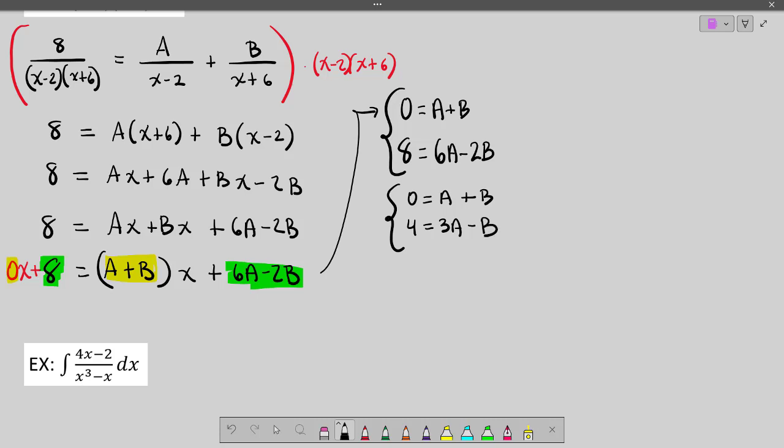So there we have our reduced system. Looks very easy to solve this with elimination. If I add these two equations together, don't we eliminate the b? We have plus b minus b. So this tells us that a must be 1.